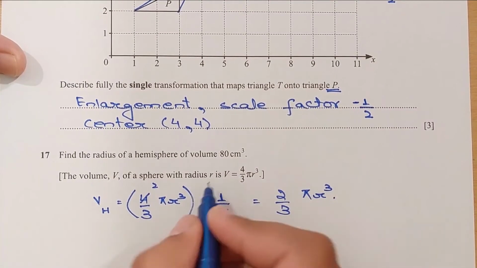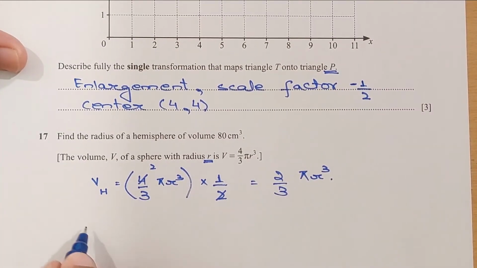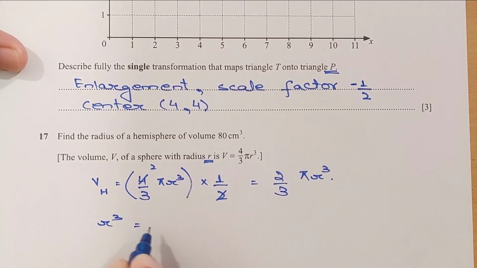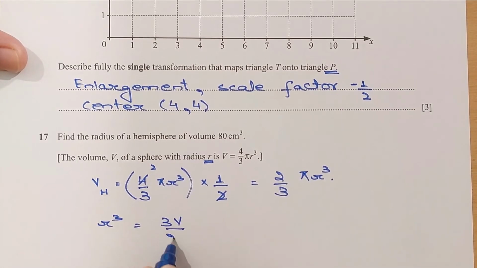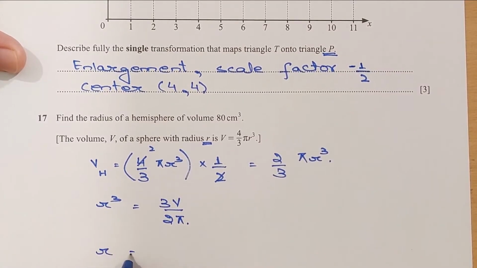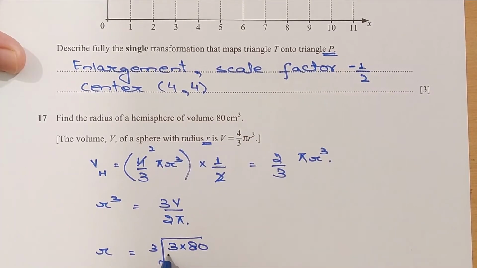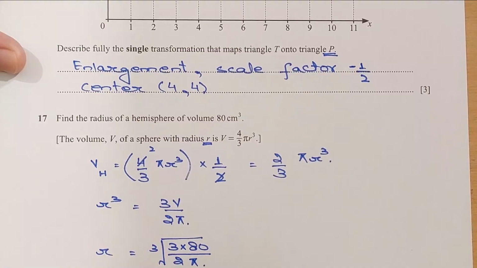Right, we have to find the radius when the volume is 80. So R cubed is 3 multiplied by the volume divided by 2 pi, and the radius equals the cube root of 3 times the volume, that is 80, divided by 2 pi. Pi is 3.14.